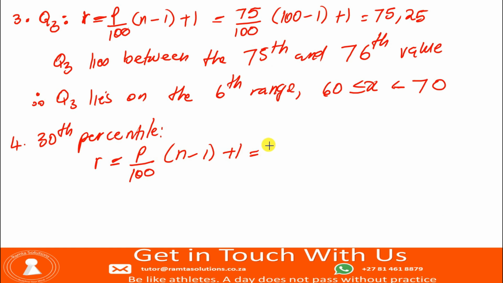It is equal to 30 over 100, all multiplied by 100 minus 1 plus 1. Get it? So this is 0.3. 0.3 times 99 plus 1. This is 30.7.